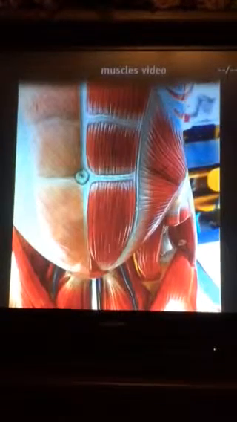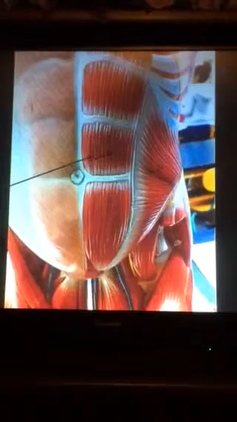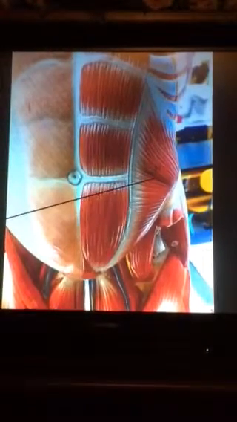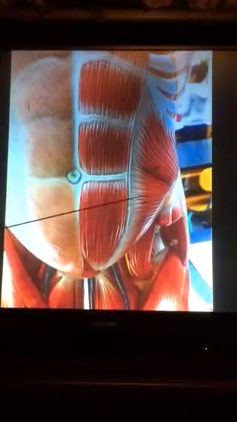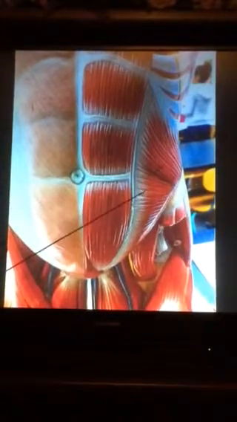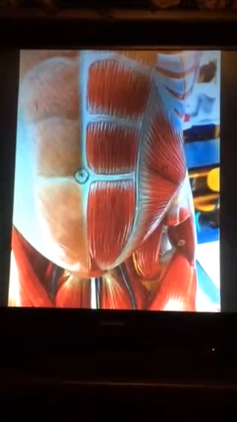On the bottom trunk of the body, you will find the rectus abdominis, and of course the internal oblique, which is found in the inferior view of the anterior body portion.